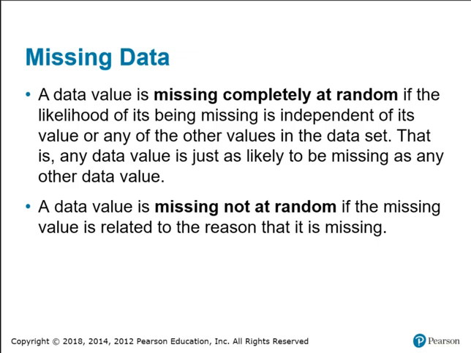All right, so missing data. Data value is missing completely at random. So this is a case where it's just missing, right? Somebody decides, more at the respondent's fault, right?